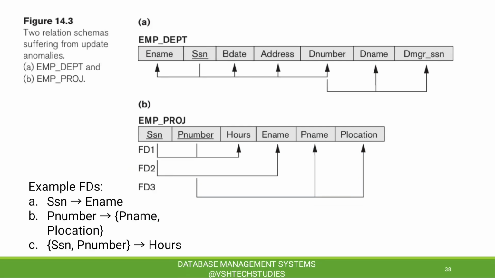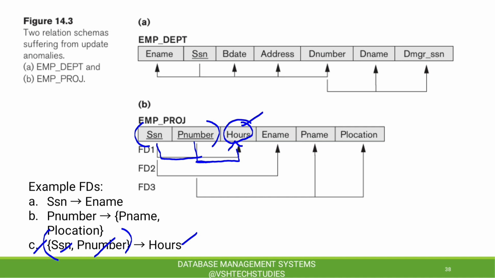Another functional dependency: if you observe the SSN attribute and P number attribute, from them together one more arrowed line is going to the hours attribute. That means the SSN attribute and P number attribute values together determine the values of hours.